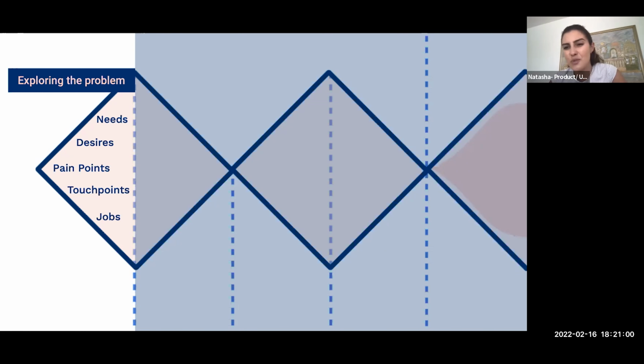In this phase, we open up the first diamond, we explore, we look into understanding what the needs and desires are, and of course there are differences here. And I think this is where the fun starts. Let's say we're exploring a specific topic at hand, how patients interact and manage their health.